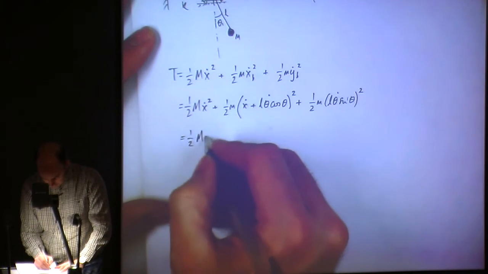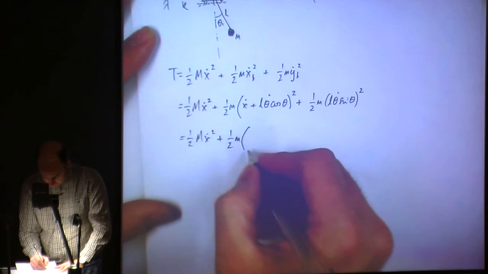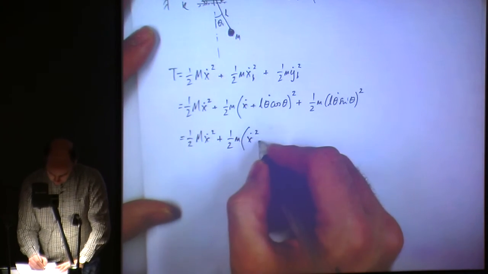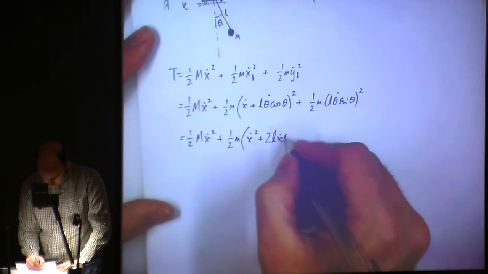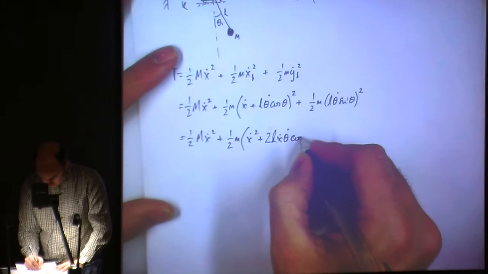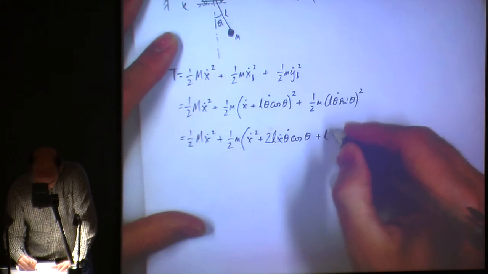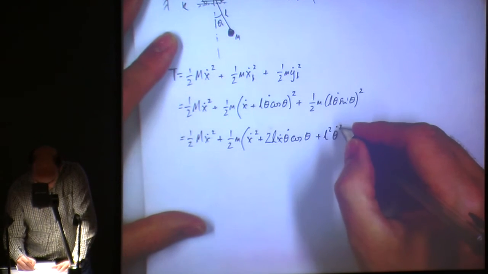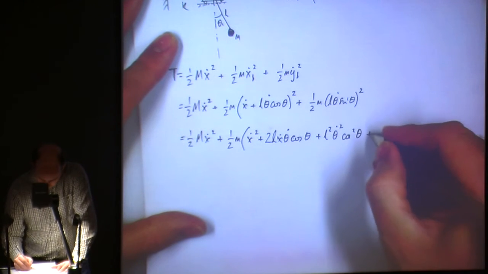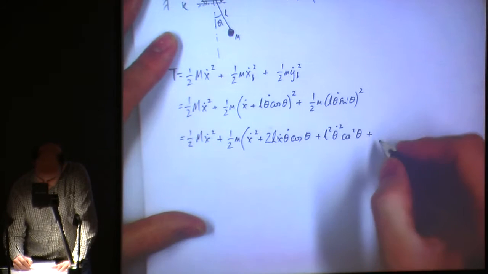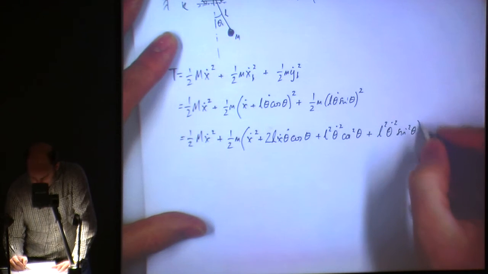And going through the motions, we've got x dot squared plus 2 L x dot theta dot cosine theta plus L squared theta dot squared cosine squared theta, plus, I'm going to take my 1/2 m over this side as well, L squared theta dot squared sine squared theta.